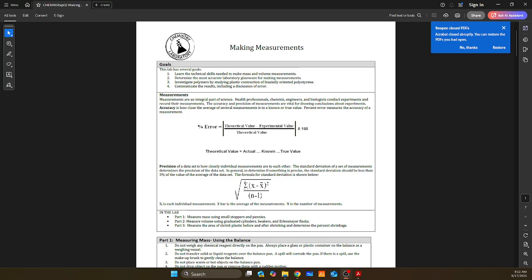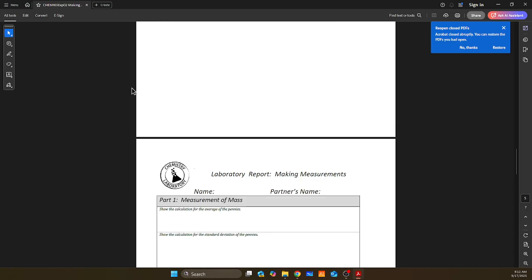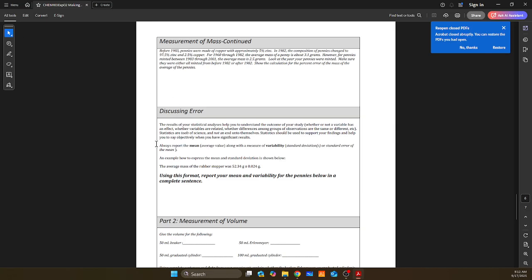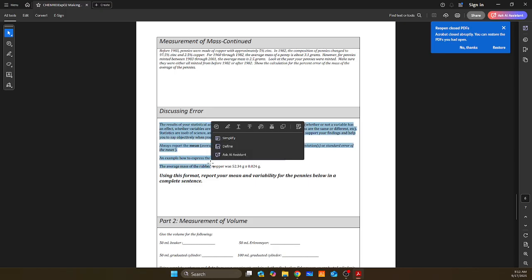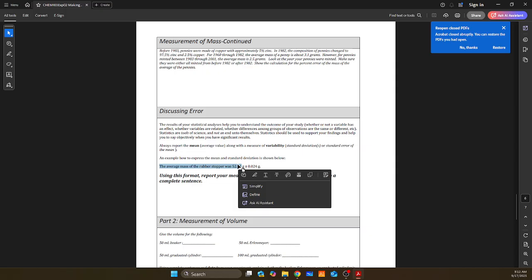I forget if it's rubber stoppers or pennies that they put the statement in. Okay, see this one right here? Discussing error. It has a statement here: the average mass of the rubber stopper was, you're going to do the same thing for a rubber stopper, right?